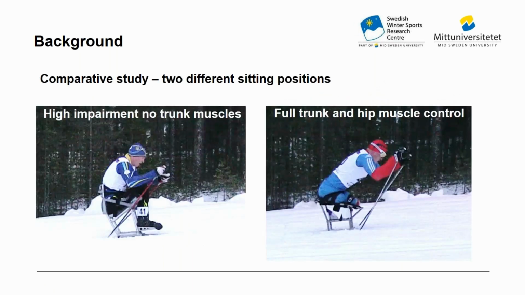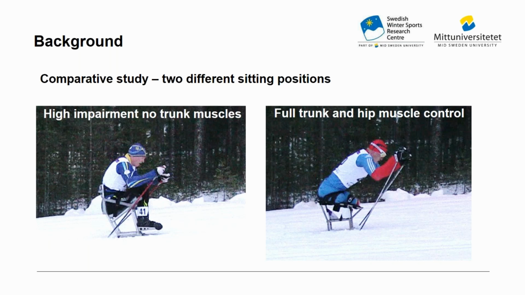So these two athletes you saw in the film compete against each other, and often the high impaired athlete sits like the left picture, with his knees higher than his hips, and the low impaired athlete sits with his knees lower than his hips.